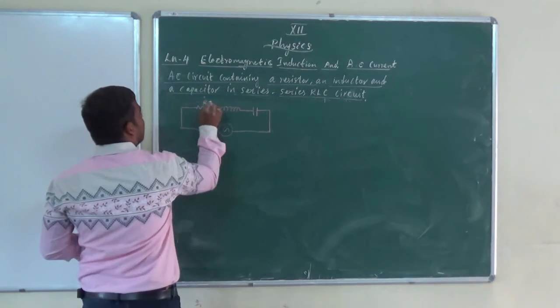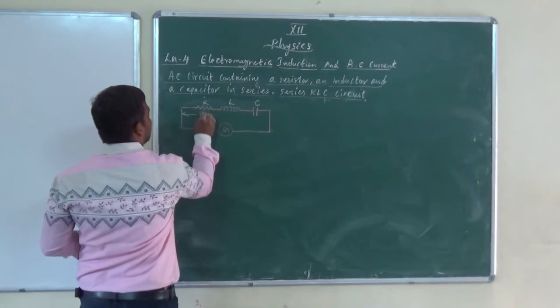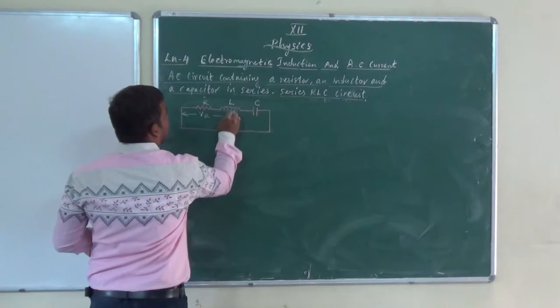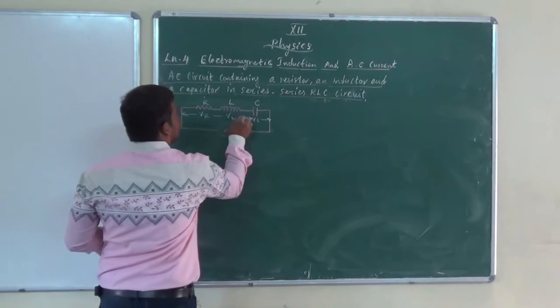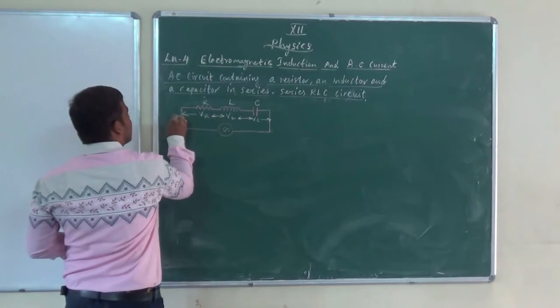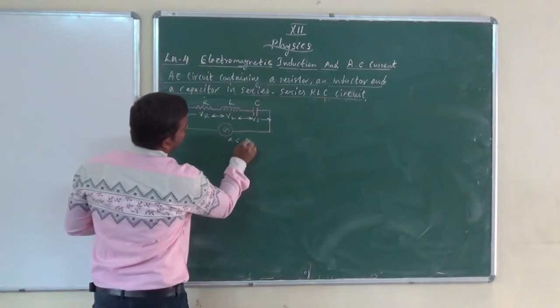What is this? Resistor. What is this? Inductor. What is this? Capacitor. Voltage drop across VR, voltage drop across VL, voltage drop across VC, isn't it? What is this? Current I, instantaneous current. This is the AC source.